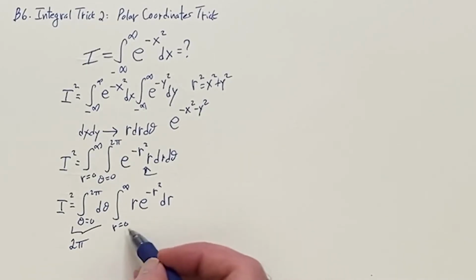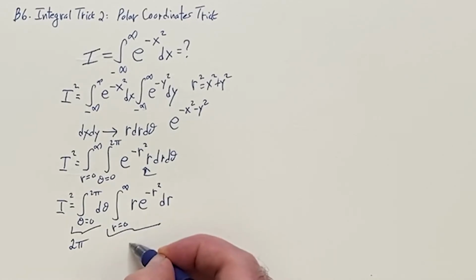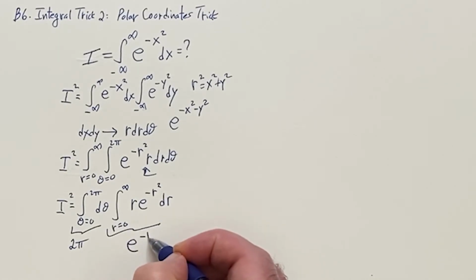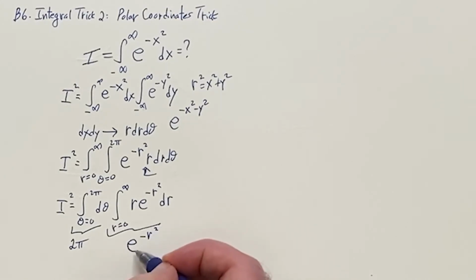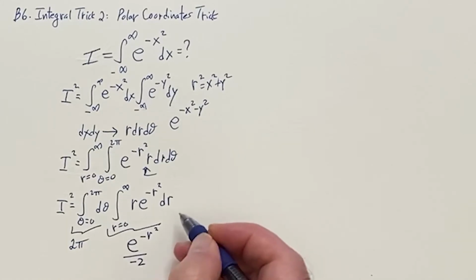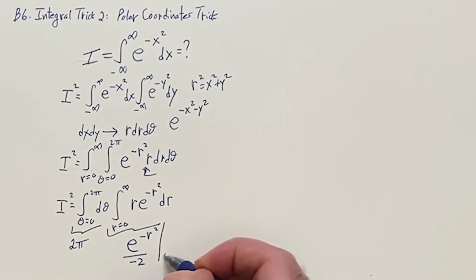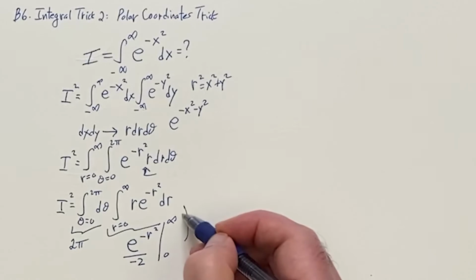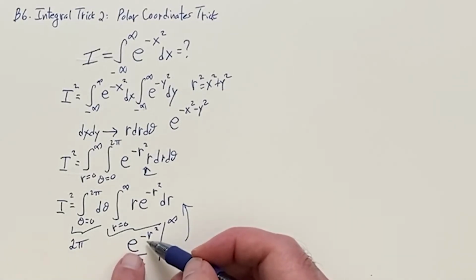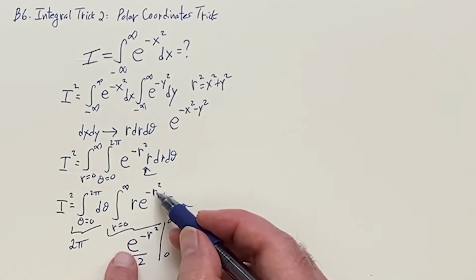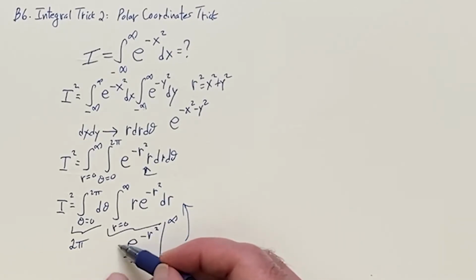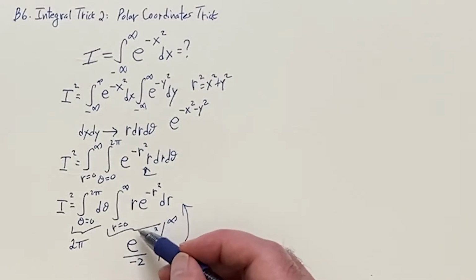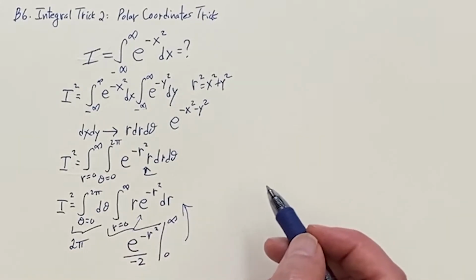And this one is e to the minus r squared over minus 2. If you go backwards and take the derivative to check, you get the same thing back but then a minus 2r. The minus sign will cancel, and the 2 will cancel, and I'll be left with the r. So I do get that back when I take the derivative.